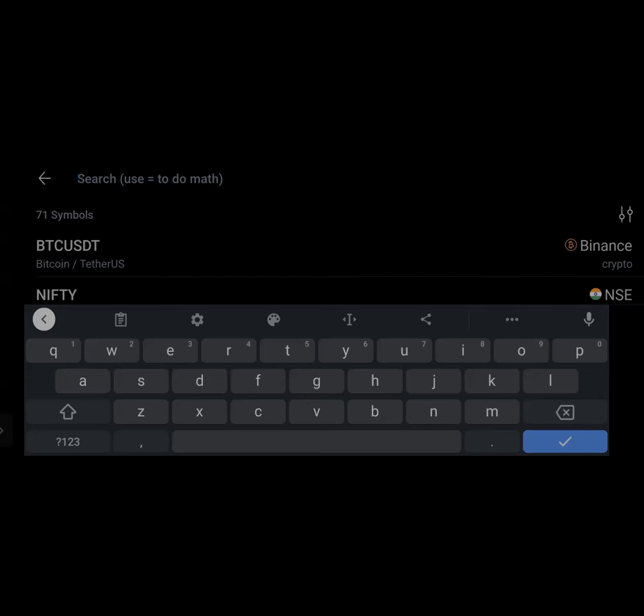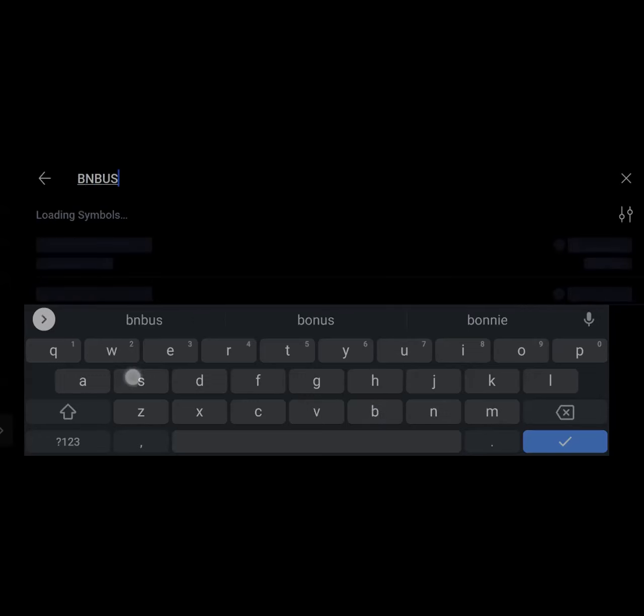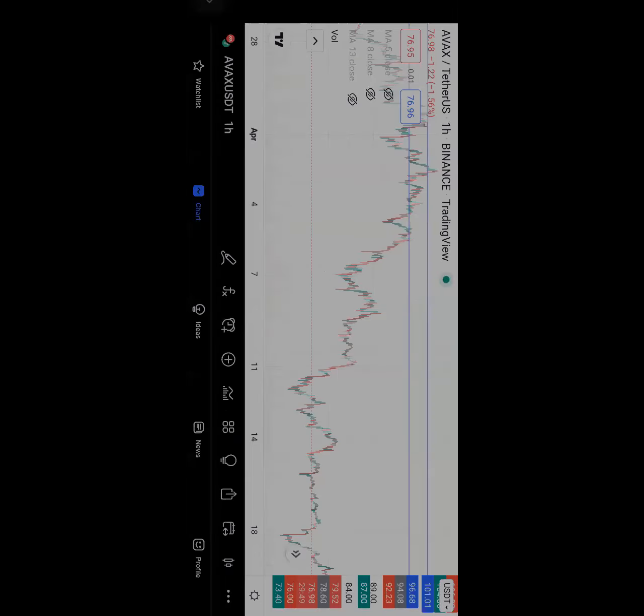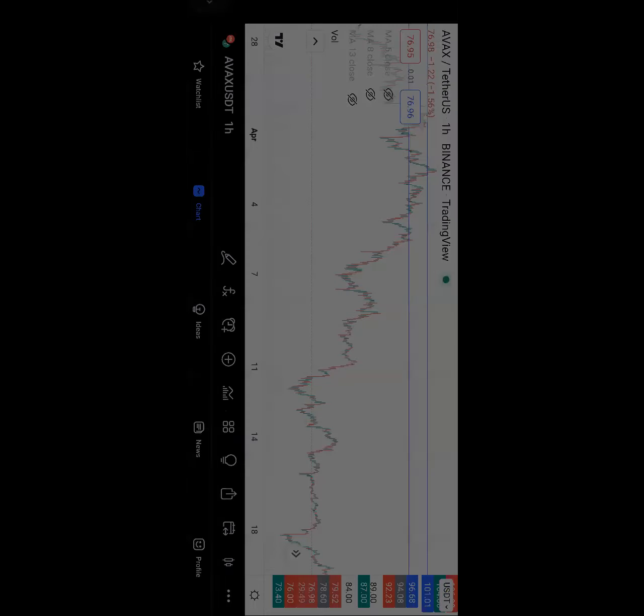For example, let me search BNB. You see, Binance will be at the top. All right. I understand. So that's why I always search it completely. Like you can see what is at the top now. BNB is on the top. Yes. So in order to, I always want to use Binance, so I always search completely. It will bring the top one, which is Binance. All right. I understand. Exactly. Thank you, sir. Okay.